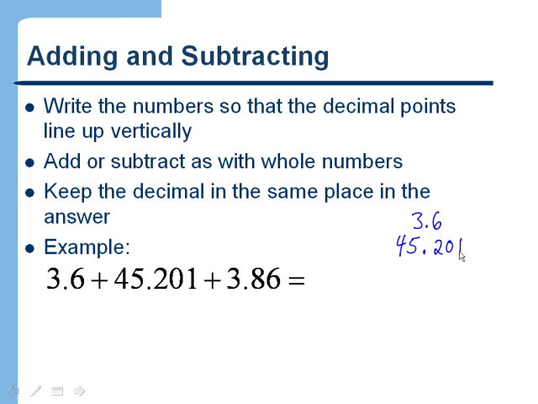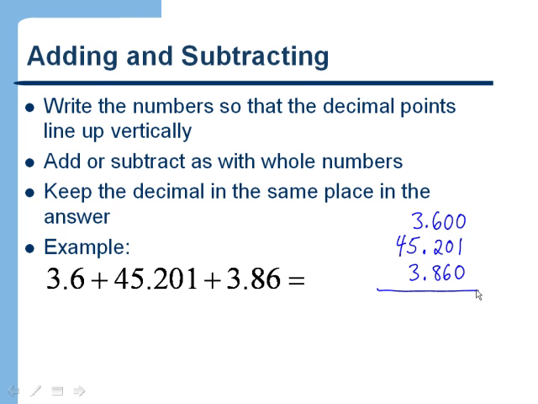The next thing I'm going to do is write down the next number, which is 3.86. And when I have that written down, again, I've made sure to line up the decimals. It's certainly fine and probably a good idea to fill in zeros so that all of the numbers have the same number of digits to the right of the decimal place.